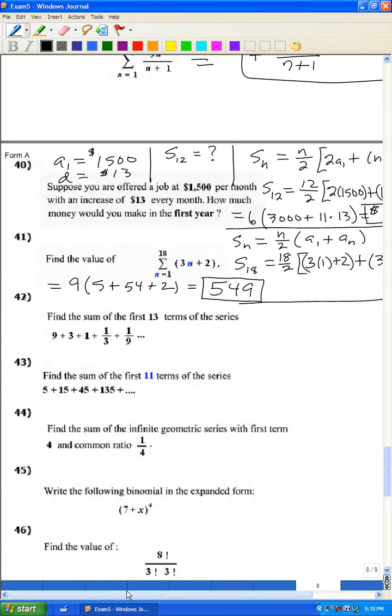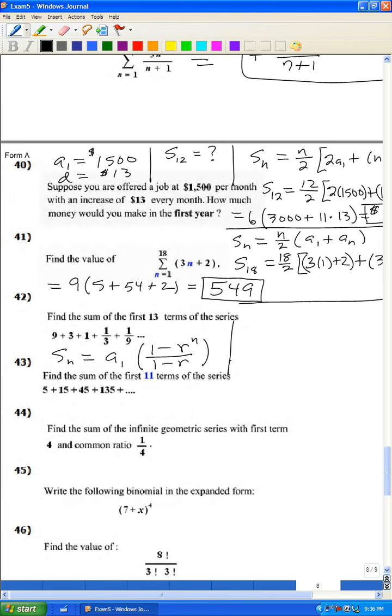So this is going to be a geometric series. And so the sum is just going to equal a1 times (1 minus r to the n) over (1 minus r).